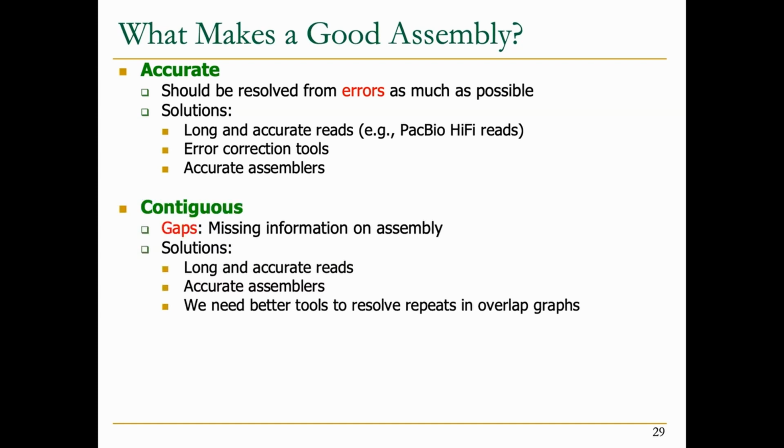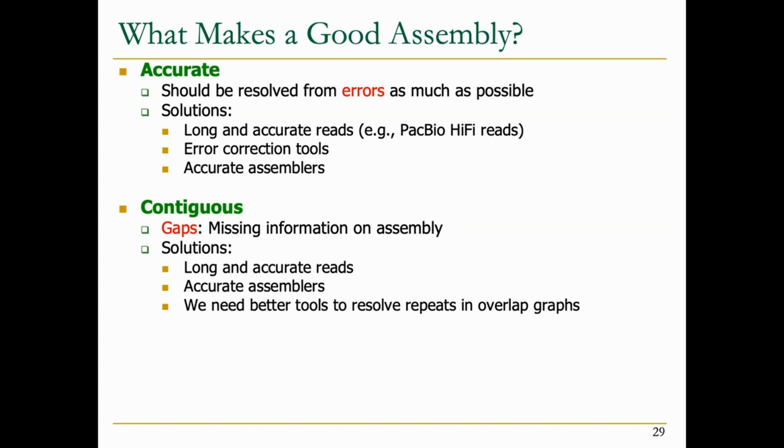And the assembly should be as contiguous as possible. There should be fewer gaps, maybe even no gaps. It should be filled with full information and show the information of your entire genome, because there are usually gaps, and those gaps are missing information in the assembly of your genome. We don't want to miss out on such information.